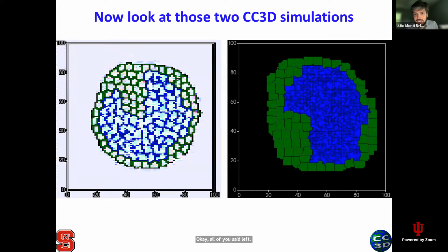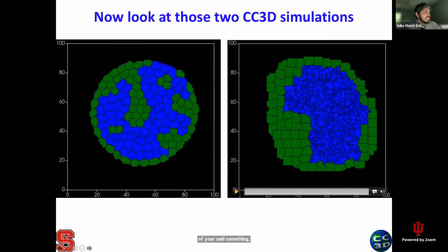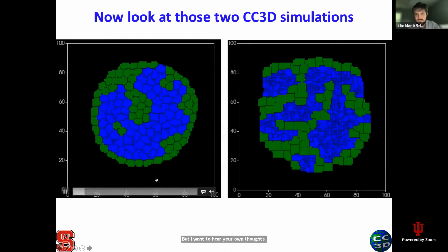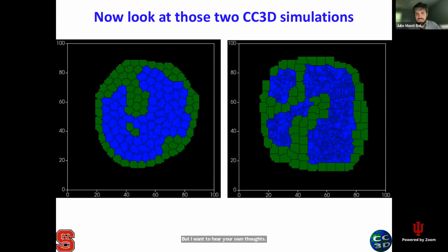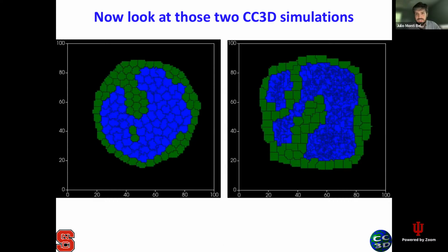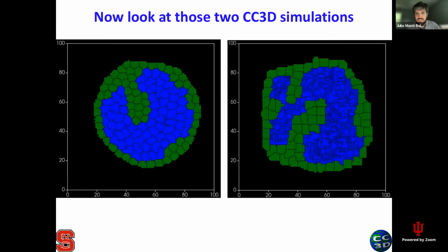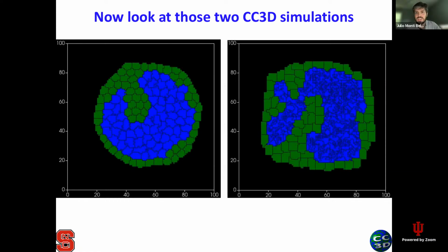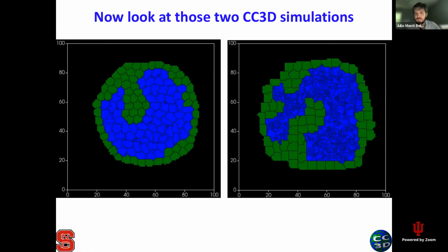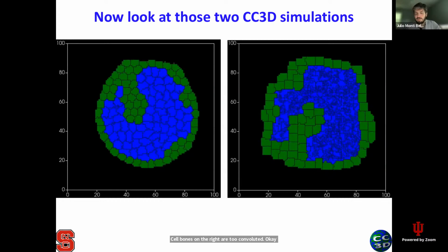Okay, why the left? Now type in the chat why the left. One of you already said something, but I want to hear your own thoughts. So the cell bonds on the right are too convoluted. Okay, what else is not quite right on the right?